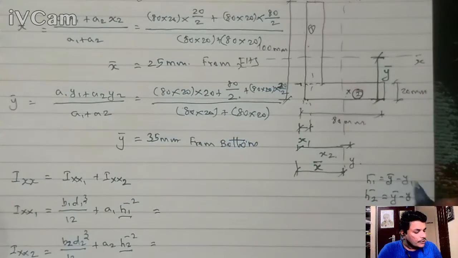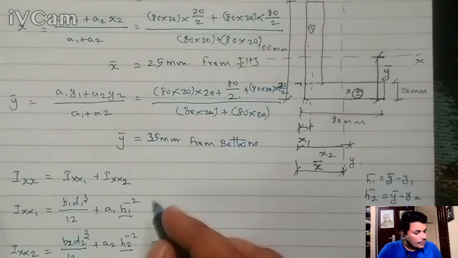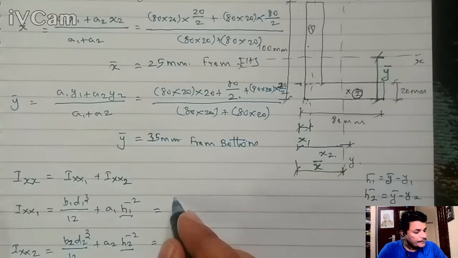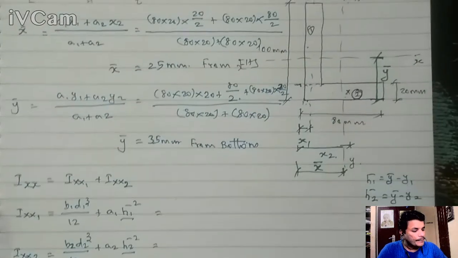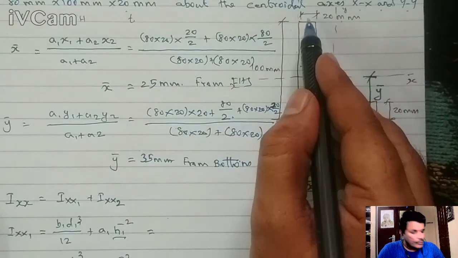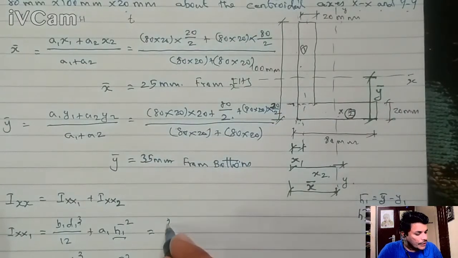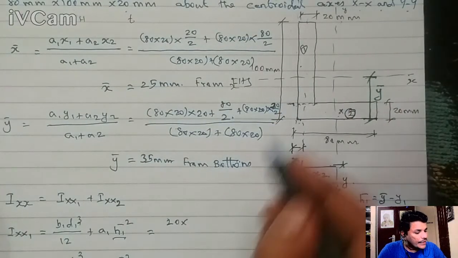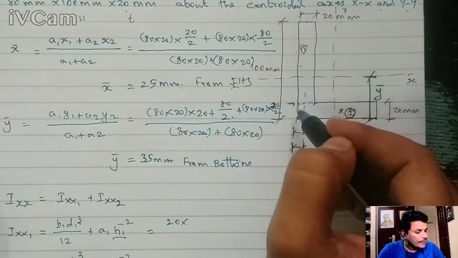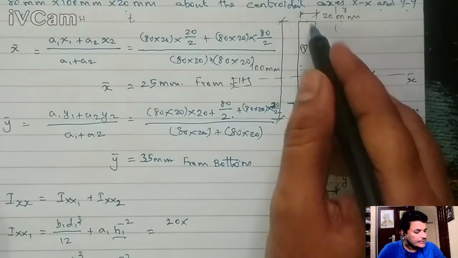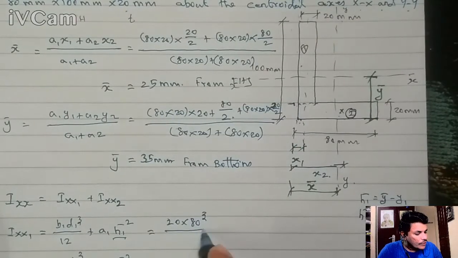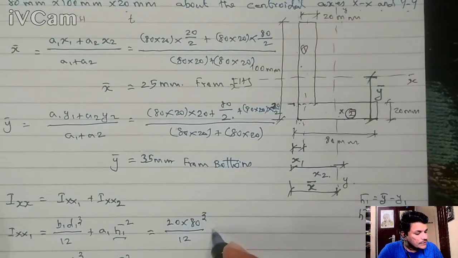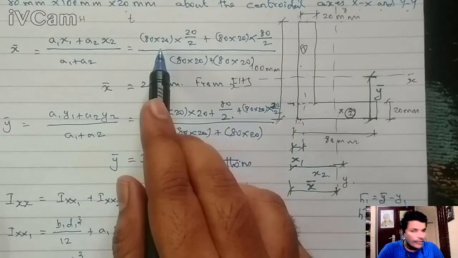Okay, now b1 is 20, into d1 is 80 mm, not 100, 80, because I am dividing the section like this. So 20 into 80 cube divided by 12 plus 80 by 20 is the a1.